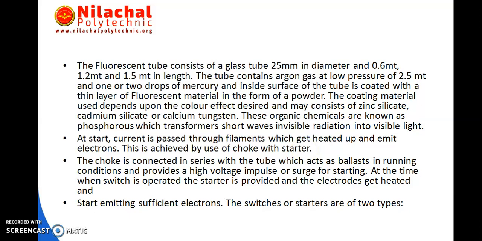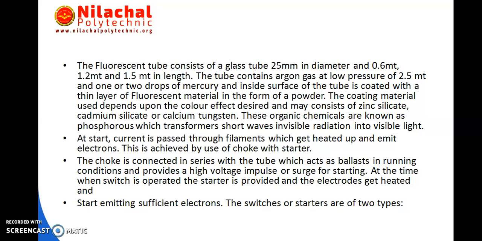So the fluorescent tube consists of a glass tube 25 mm in diameter, and 0.6 m, 1.2 m or 1.5 m in length, and the tube contains argon gas at low pressure of 2.5 mm and 1 or 2 drops of mercury, and the inside surface of the tube is coated with a thin layer of fluorescent material in the form of a powder.